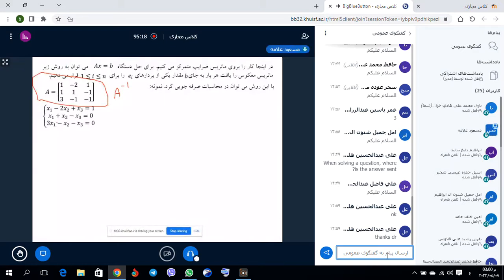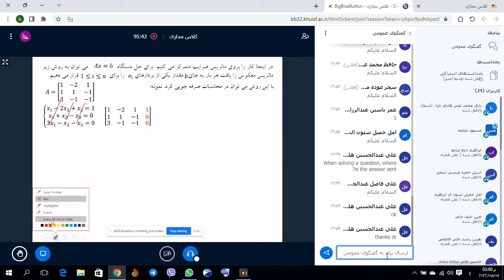First of all, we write this system: x1 minus 2 x2 plus x3, x1 plus x2 minus x3, 3x1 minus x2 minus x3, all coefficients from A. In the right hand side, we have 1, 0, 0. That is e1.